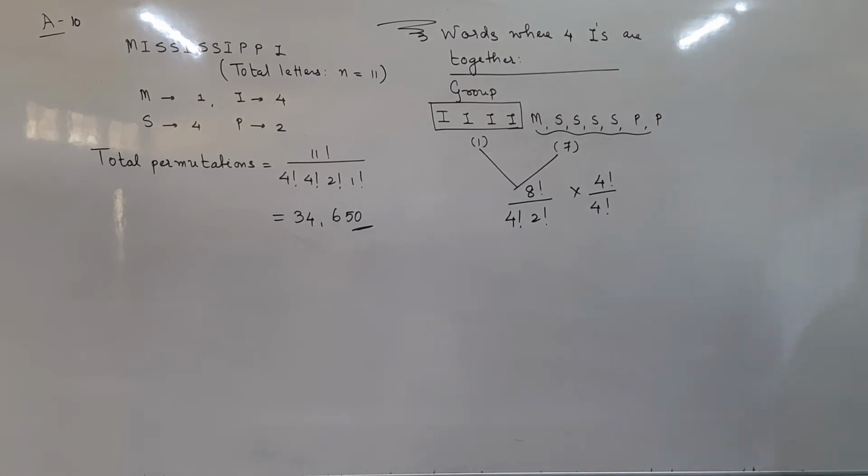So in the first step you go for total arrangements of all 8 letters, and then multiply the internal arrangements within the group. But since in the group we have 4 I's and all 4 I's are repeated, it means that the 4 I's can be arranged in only one way. But if they all 4 were distinct, they would have multiplied by 4 factorial. So this is the method.